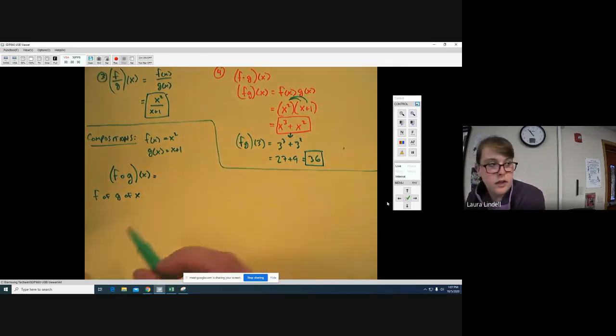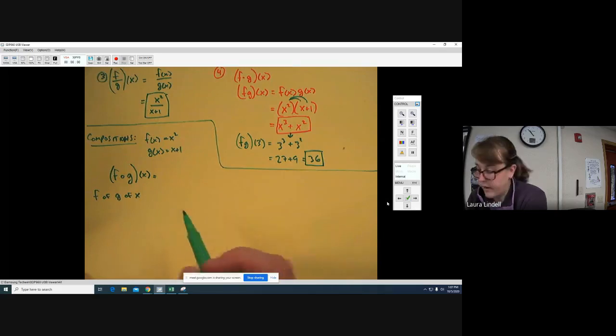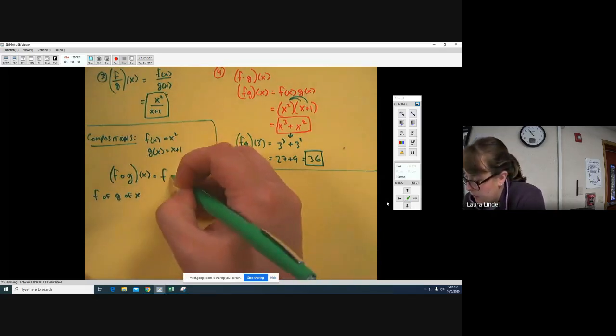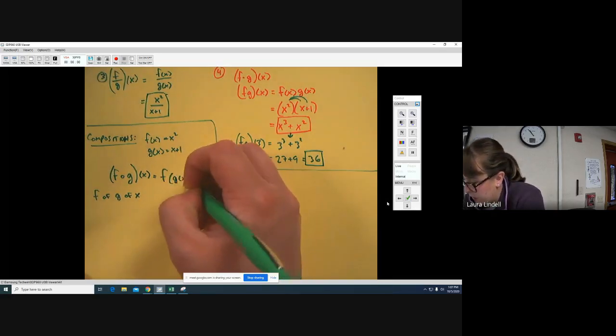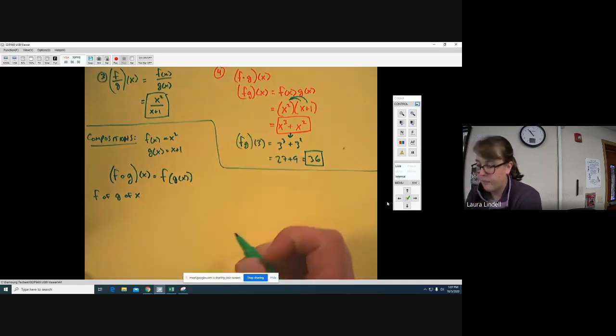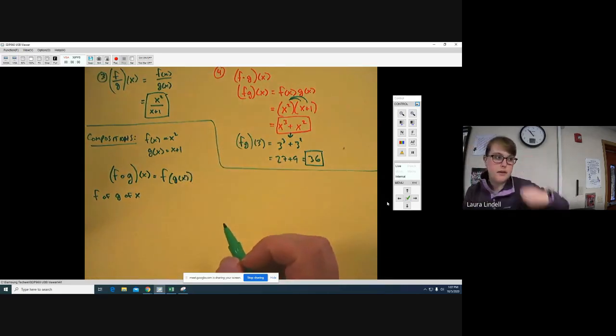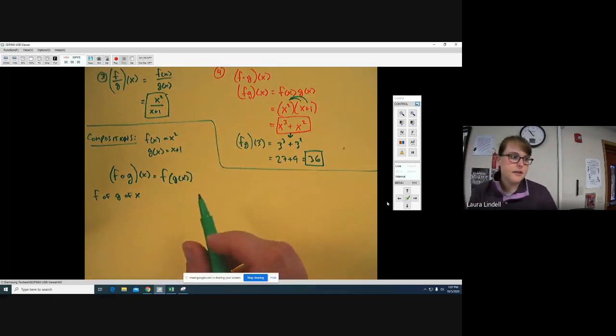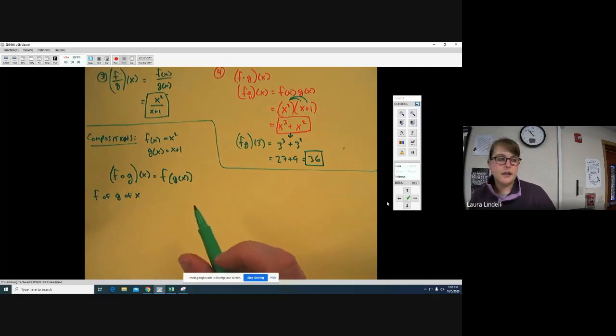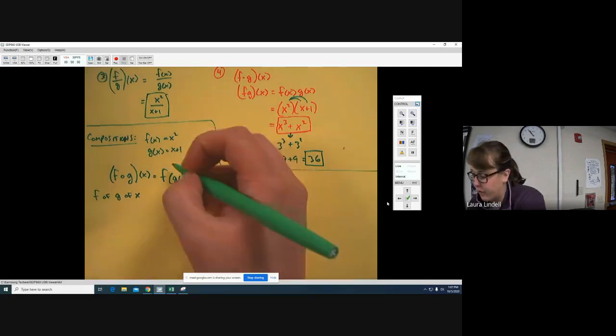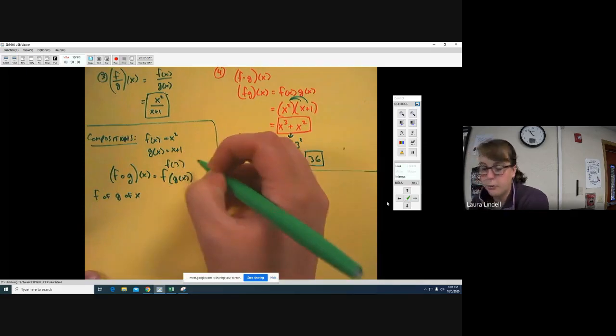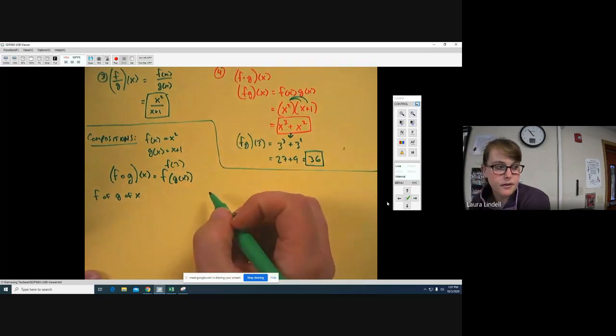And what it would look like algebraically is like this. F of g of x. So basically what this is telling, like if you had f of 3, right? That would tell you to plug in 3 to your function f of x.